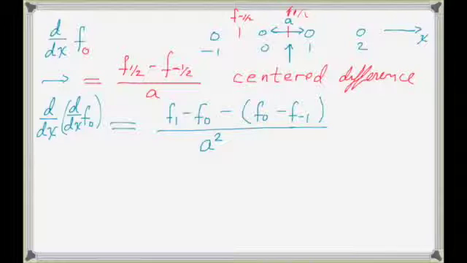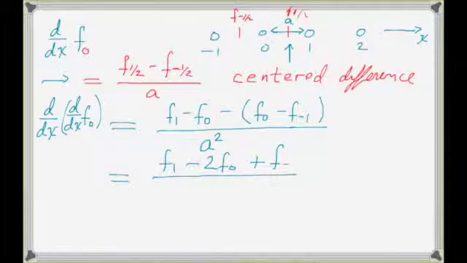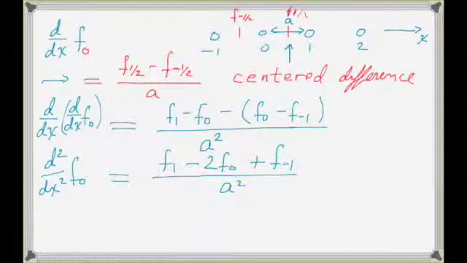I combine my terms and I get f1 minus 2f0 plus f negative 1, all over a squared. So that's the finite difference form of the second derivative on this discrete lattice.